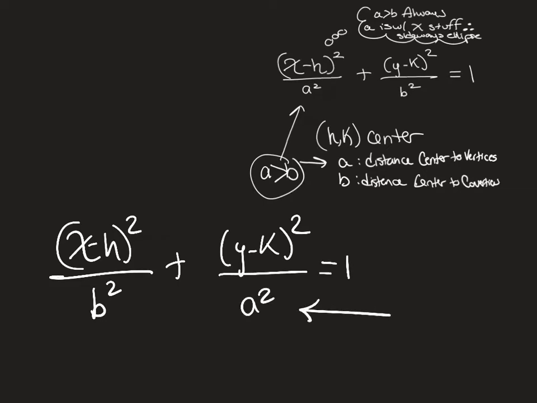And right here, a is bigger than b. Therefore, this is a vertical or an up and down ellipse. So you're just looking to see where's the bigger number. Is the bigger number under the x stuff or under the y stuff? So with that in mind, we're going to go ahead and move to the 3 example problems on page 103.